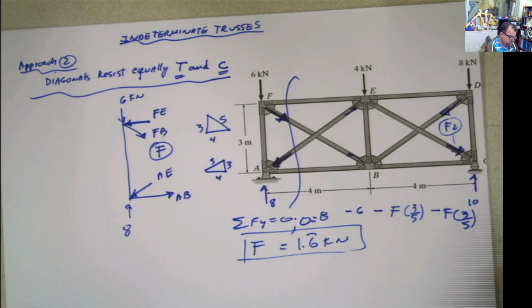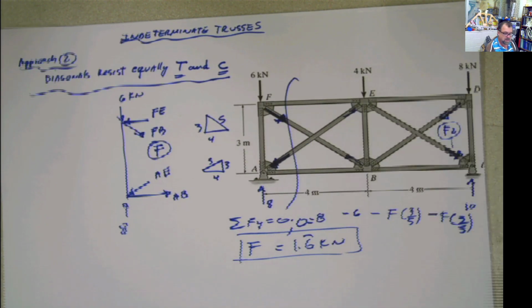I don't want to solve the whole problem, but once you get the value for that force, you already know the rest. So the rest is just plain and simple joint or section analysis. The important part is both diagonals, I'm assuming they resist the same.